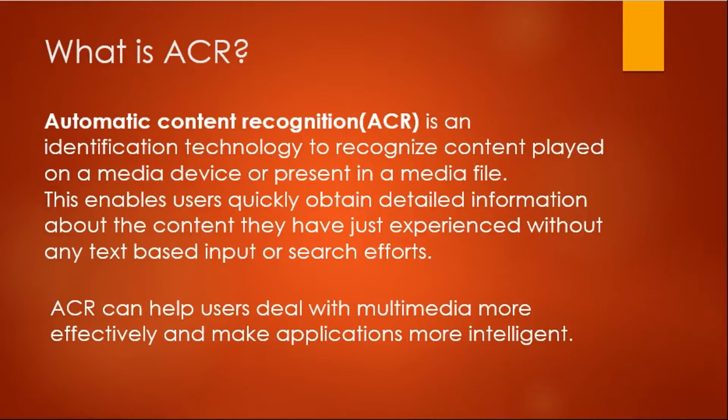So just think about having an app where you can just hum a song, and from what you've just hummed into that app, it can search through the app's database and bring out the content of the song you've just hummed. That's just an example of how the ACR technology works.